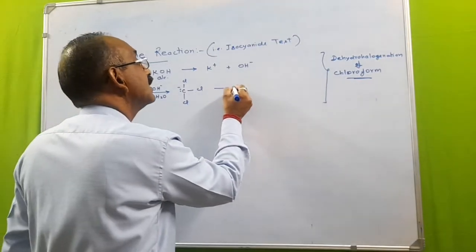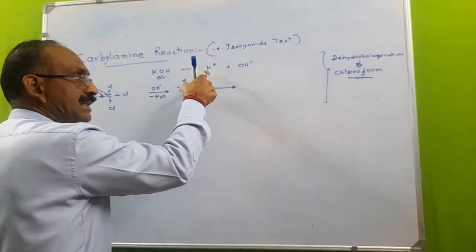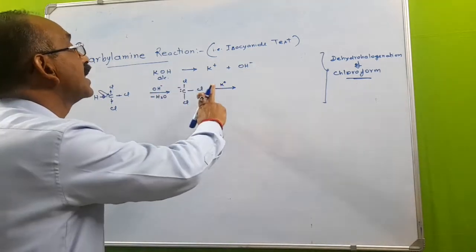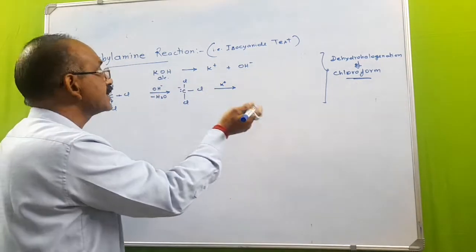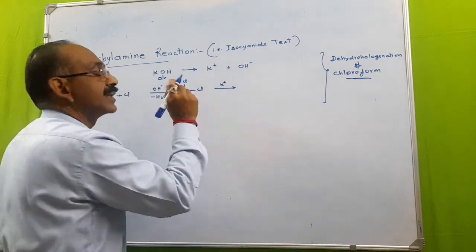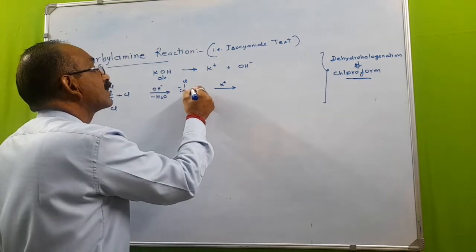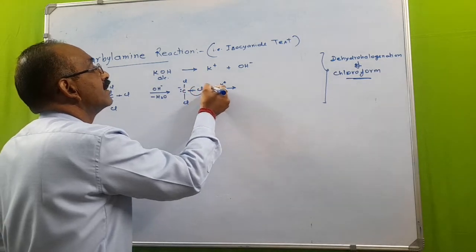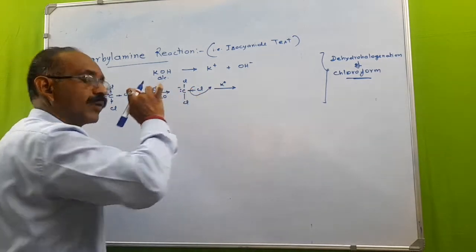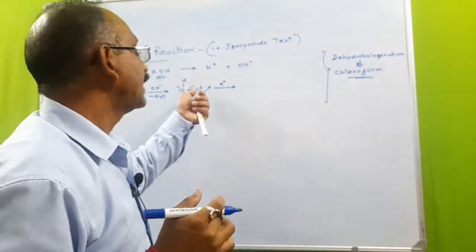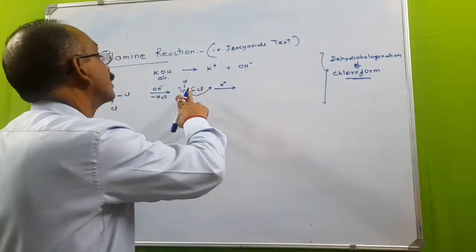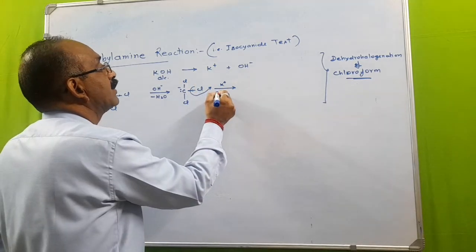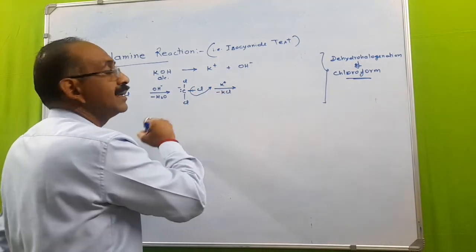See what happens here? The K plus is still in the medium. So under the influence of this K plus, this CCl bond is a polar bond. One of the Cl comes out along with the electron pair of the CCl bond. We know that halogens are better leaving groups. So this Cl sets free as Cl minus, combines with this K plus in the form of KCl.